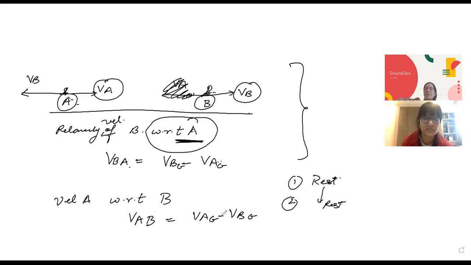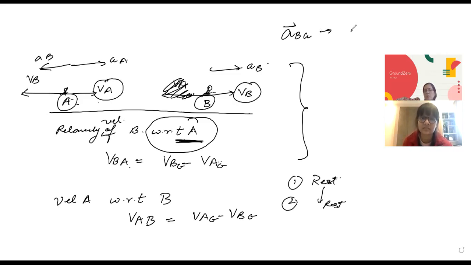Similarly it is with acceleration. If acceleration is given, let us suppose this is moving with acceleration AA and this is moving with an acceleration AB. I ask you to find the acceleration of body B with respect to A. So what will you do? You will treat A as at rest, and exactly opposite, you will apply its acceleration on B, right?